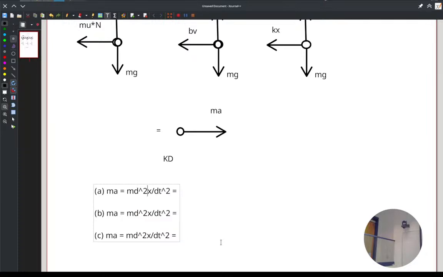I don't understand how to express d squared x over dt squared. Just do x with two dots. That would be like an extra. This is x double dot. That makes it confusing. This is why we do... Well, this is diffy q now.